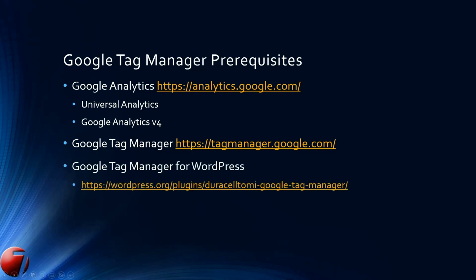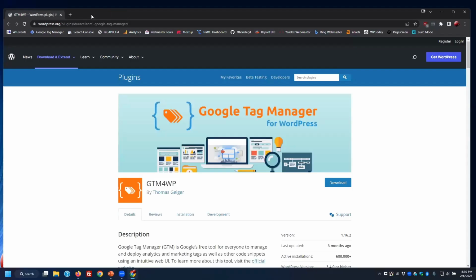And then we have a plugin. This is the plugin that ties it all together, does all the magic. It is called Google Tag Manager for WordPress. I know, fancy name. But this is the plugin that allows me to do everything.